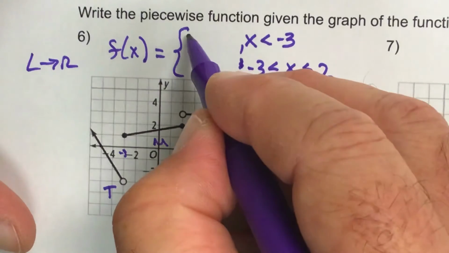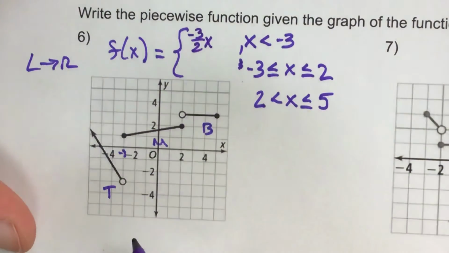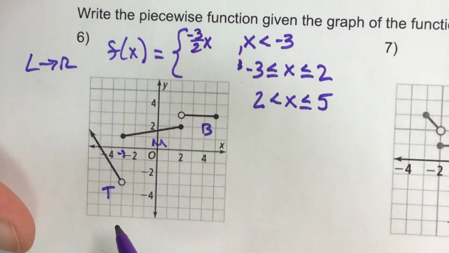So it looks like we're going to have a -3 over 2 x, right? If we keep that pattern up, we would go down 3, 1, 2, 3, over 2, which means that it crosses here.